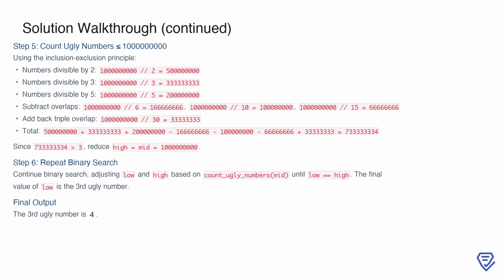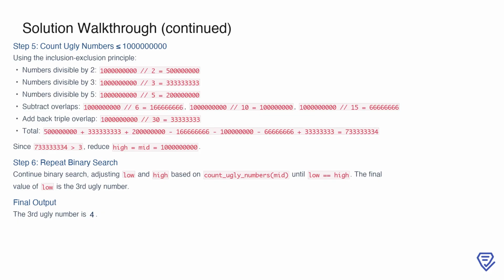For 6, this is 166 million, for 10, it's 100 million, and for 15, it's 66 million. Finally, we add back the triple overlap for the LCM of all three numbers, which is 30, giving us 33 million. Combining these, the total count of ugly numbers is approximately 733 million.